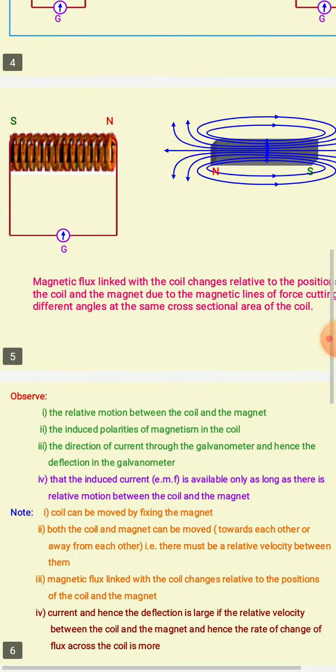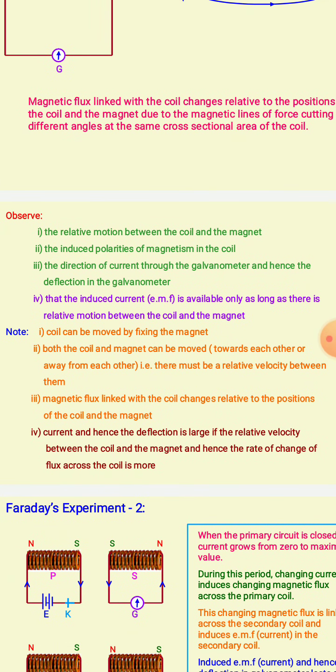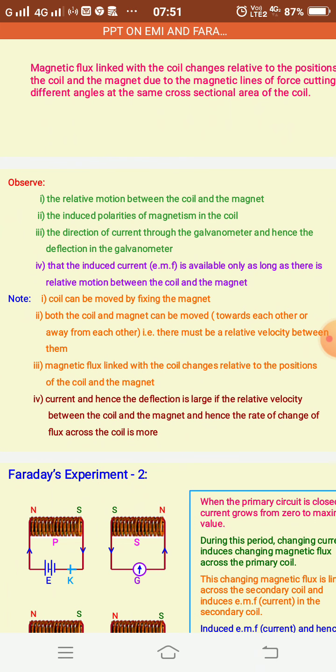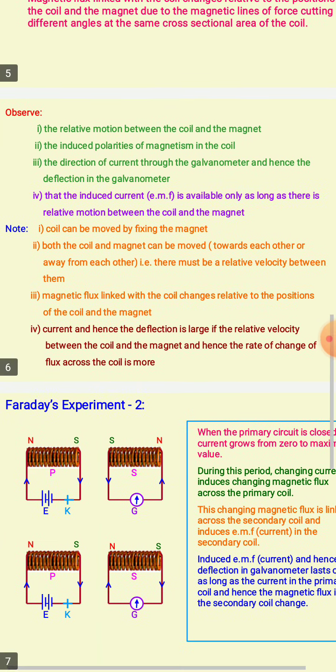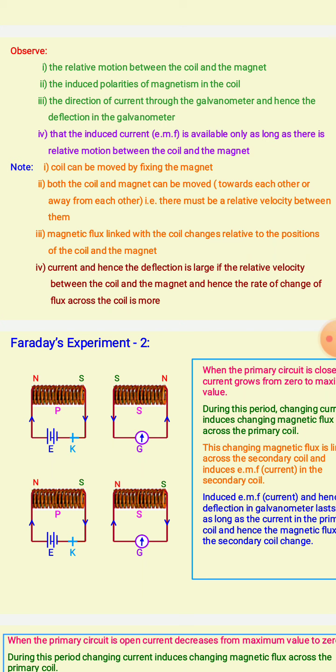After doing the experiments, the observations were that whether the coil is moved towards the magnet or the magnet is moved towards the coil, that means there is relative motion between the coil and the magnet, due to this a current is induced in the coil. If the magnet is moved in the opposite direction, the direction of the current also changes.